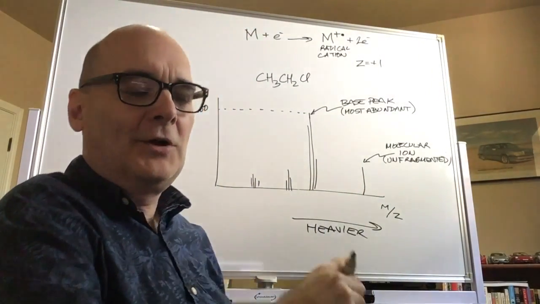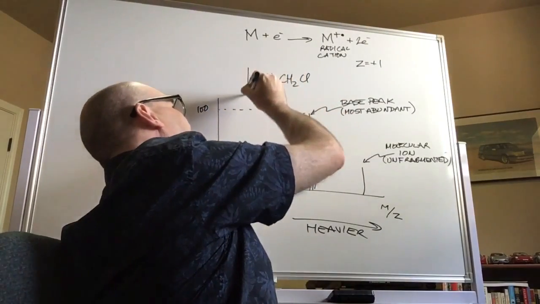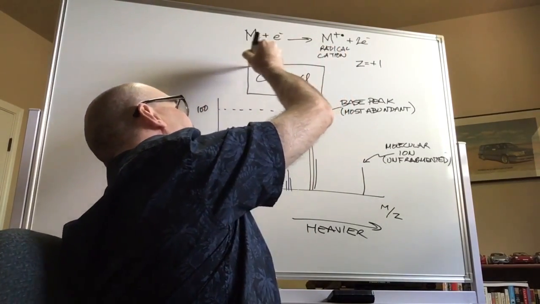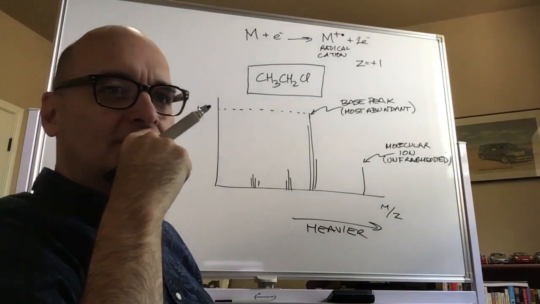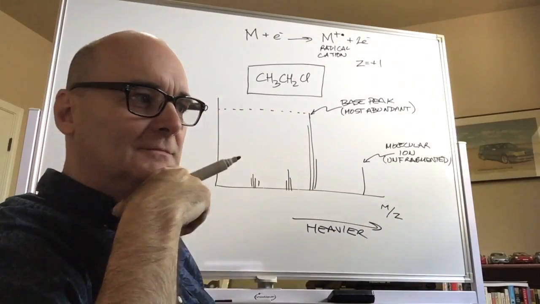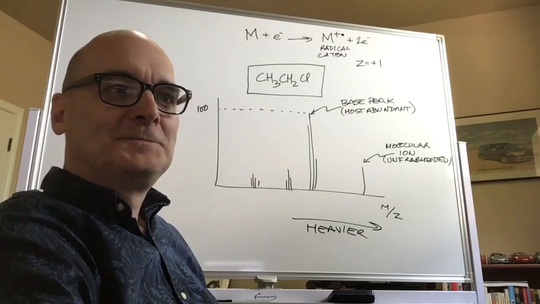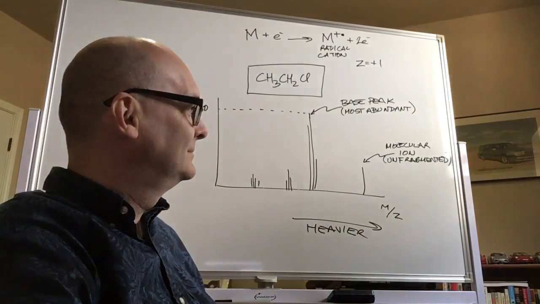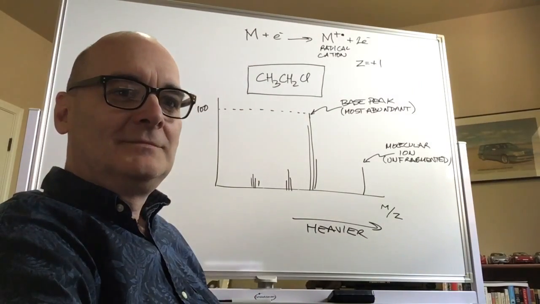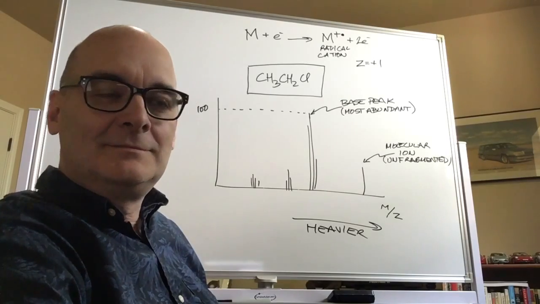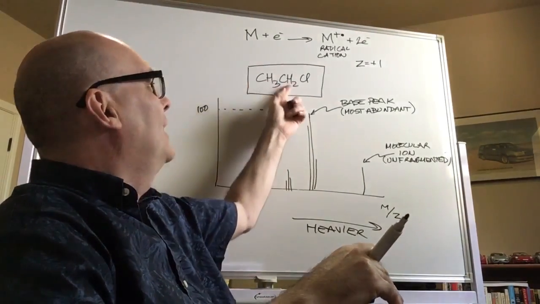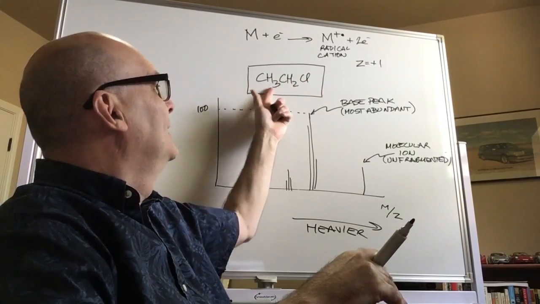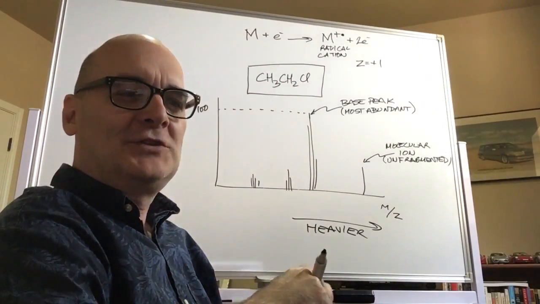Can you see the molecule I wrote on the board? What's the name of the molecule that I wrote on the board? Chloroethane. There you go. 2 carbons, 1 chlorine, 5 hydrogens.